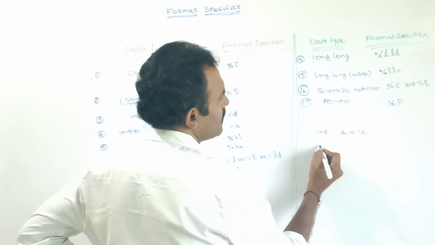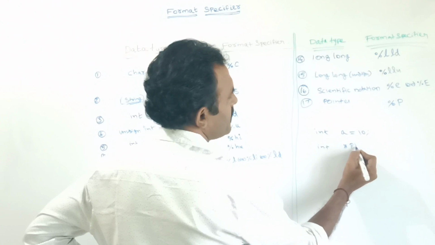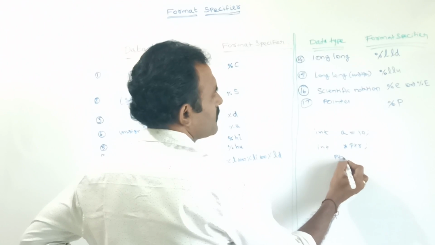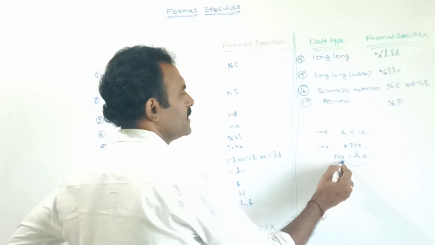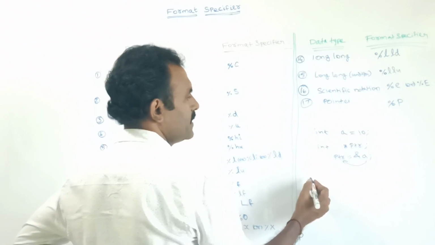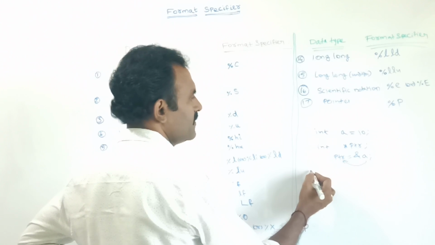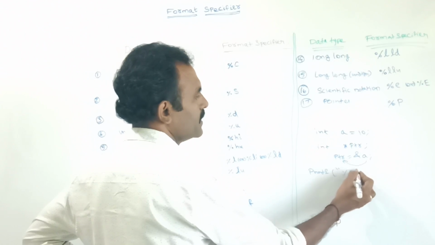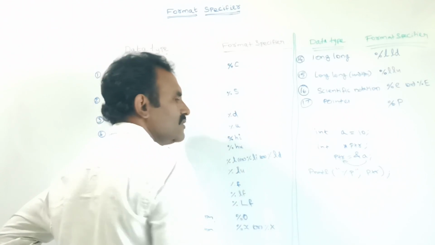Next, int *ptr = &a, that is I am storing the address of a in the pointer variable. To print this address, I can use the %p format specifier. Here printf("%p", ptr). Here the address will be printed.